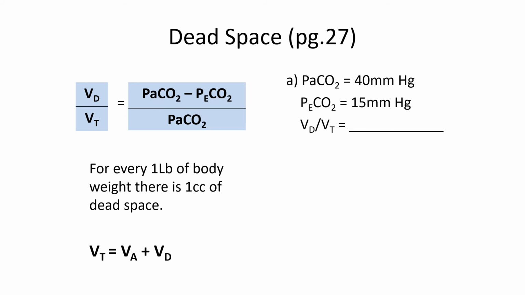So we need to eliminate that from our equation. About every pound of body weight, you have about 1 cc of dead space. You guys know how to convert from kilos to pounds, right? It's just the opposite. So instead of dividing by 2.2, we multiply by 2.2. That's just the estimate.